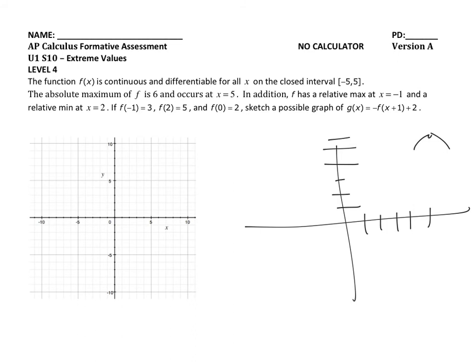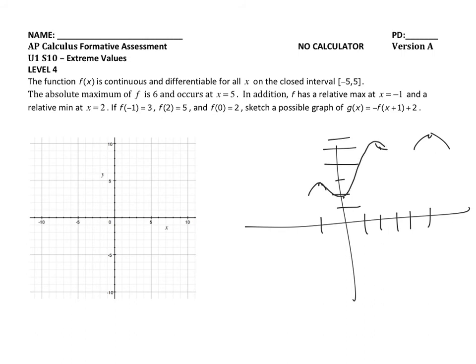A relative max at x equals negative 1, and I see a negative 1, 3 as a point, so that was a relative max. Relative min at x equals 2, f of 2 equals 5. So their relative min must look like that. F of 2 is equal to 0, or f of 0 is equal to 2.